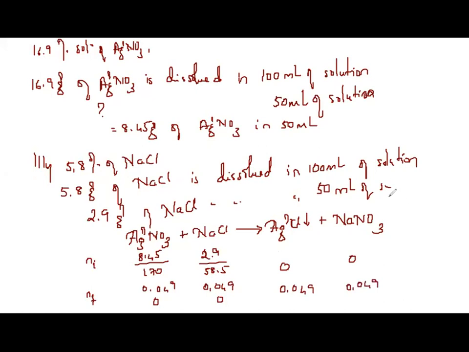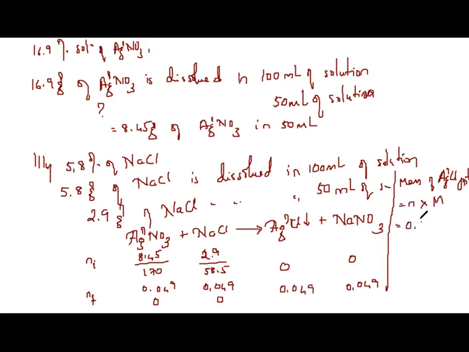What we need to calculate is the mass of AgCl precipitate. Mass of AgCl precipitate is number of moles into molar mass.